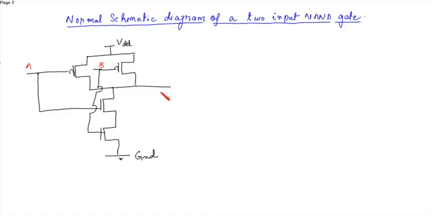Output is Z. This is our PMOS 1, this is PMOS 2, this is the NMOS 1, this is the NMOS 2.